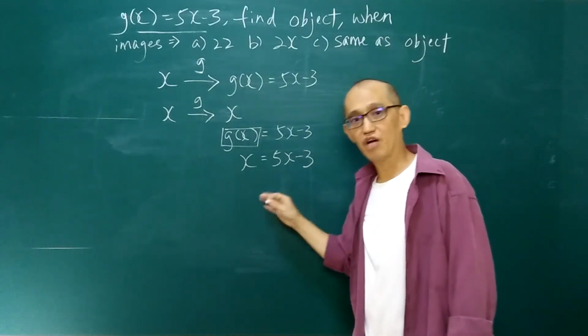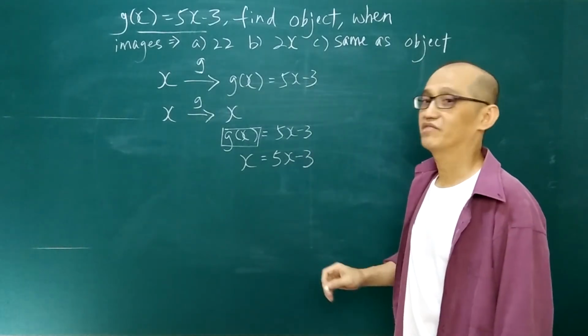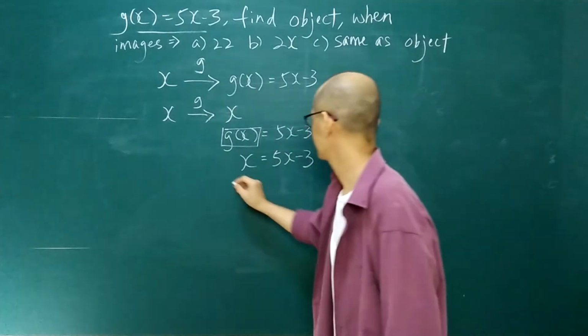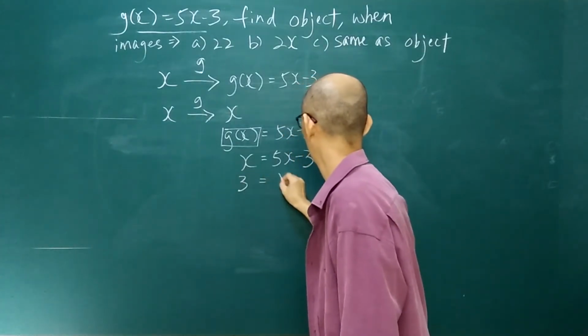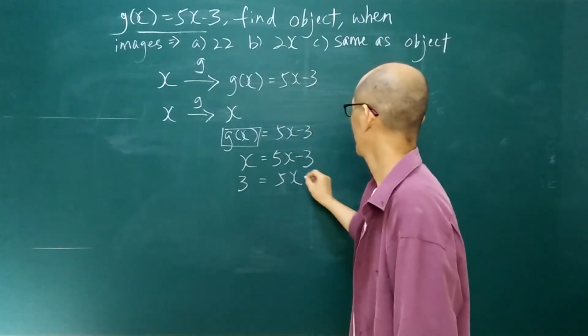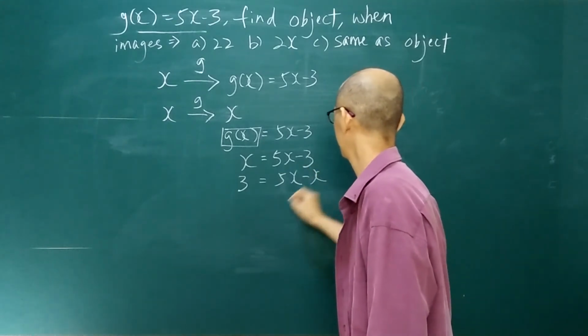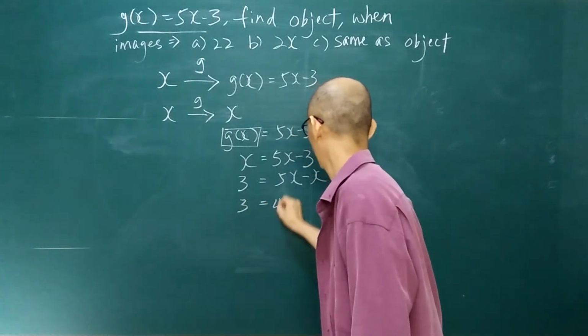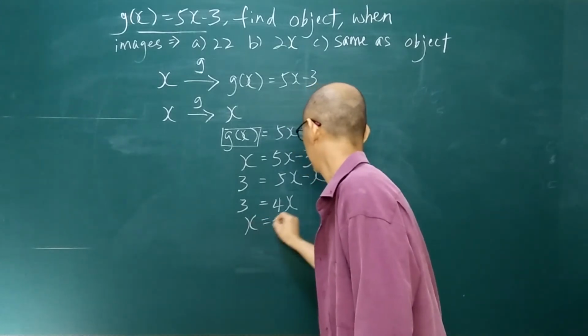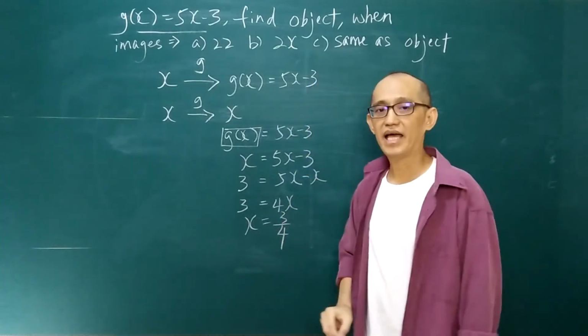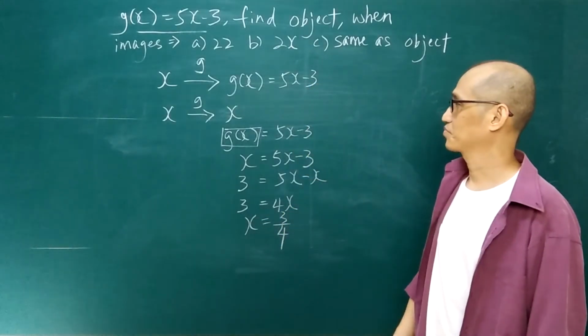And then we're going to solve this equation to find the value of x. 3 here, 5x minus x. x is 3 over 4.